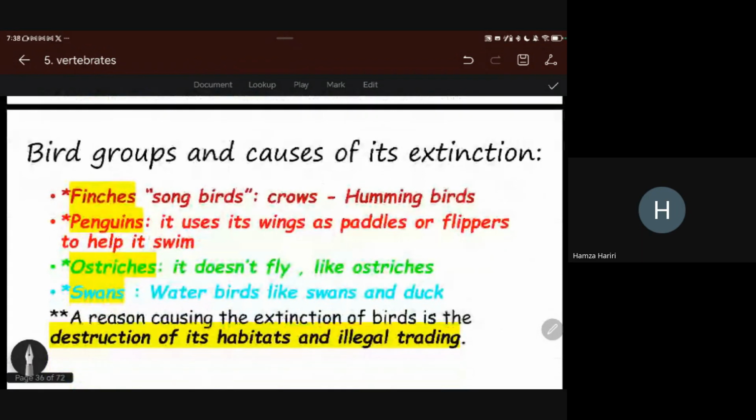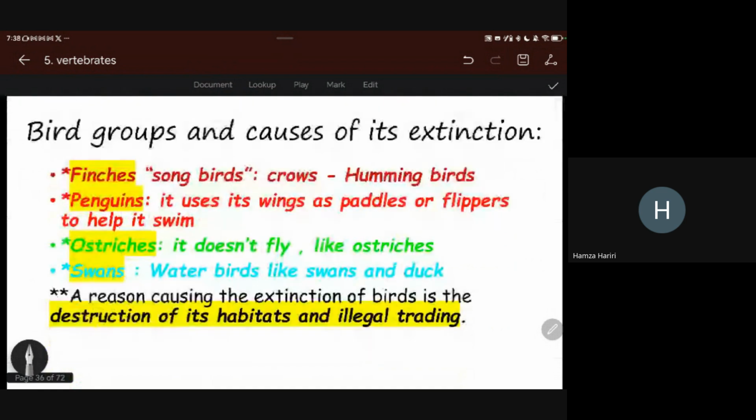Bird groups and causes of their extinction. Why do most of the birds go extinct? First off, we have the finches, which are the songbirds, like crows and hummingbirds. We have the penguins, which use their wings as paddles to help them swim. And we have the ostriches, which do not fly.